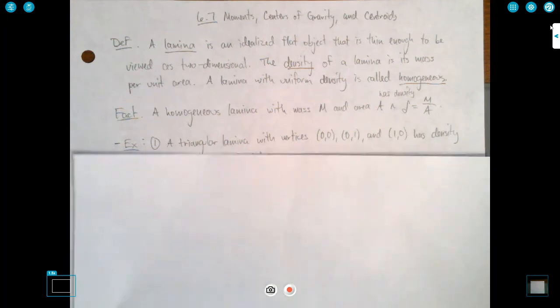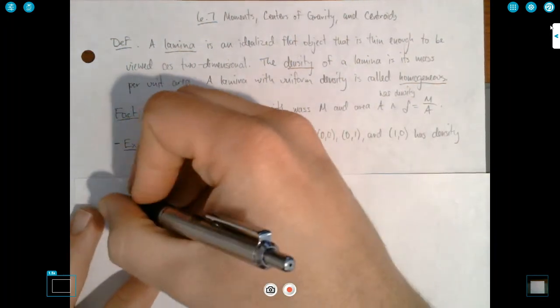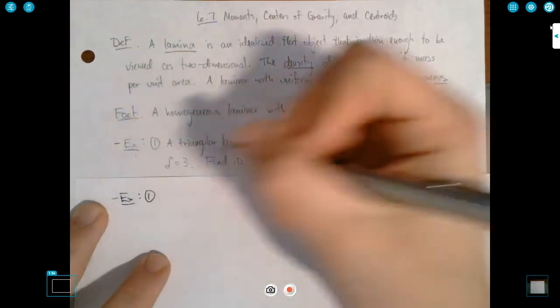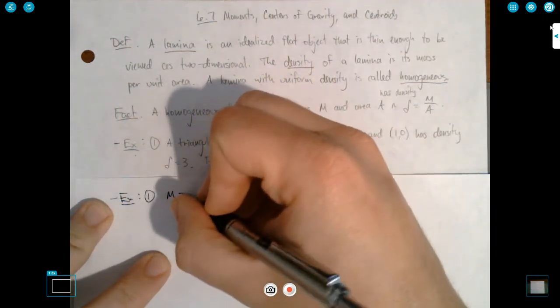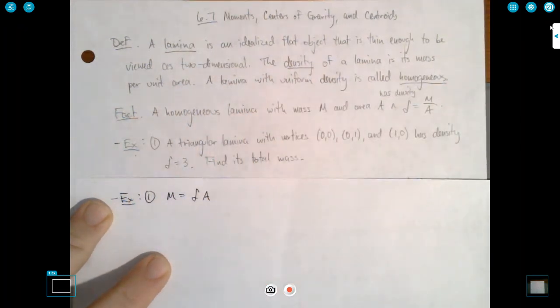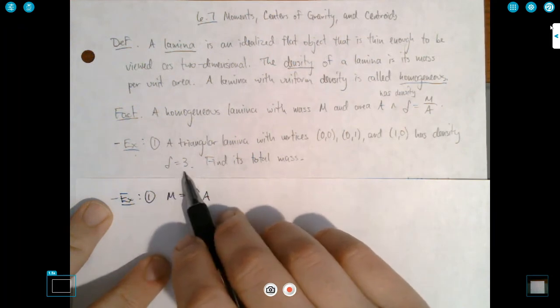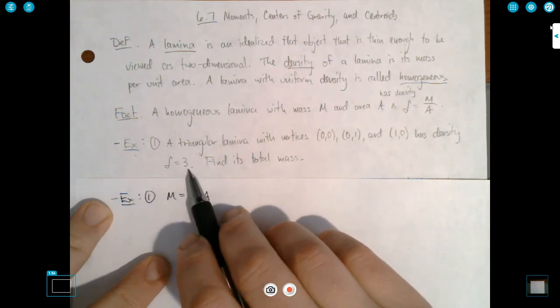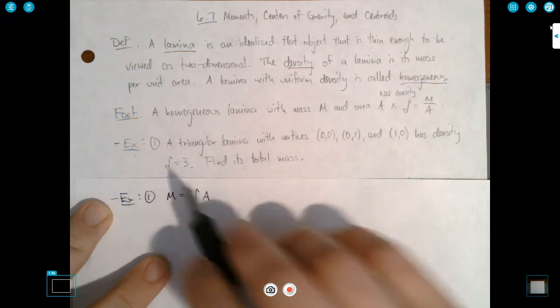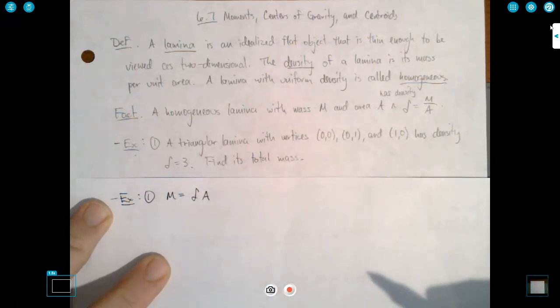So its total mass is its density times its area. We already know its density is 3. It's a uniform density throughout, so this must be a homogeneous lamina, okay? So all we have to do is find its area.